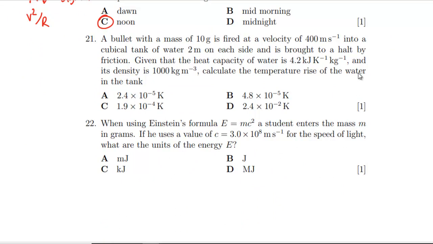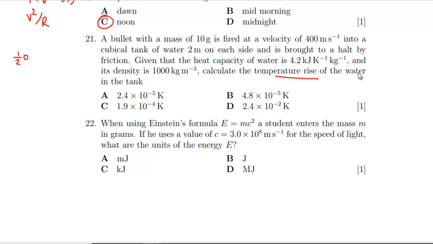21, I think we just got 2 to go. So question 21, a bullet with a mass of 10 grams fired at that velocity into a cubical tank of water, 2 meters on each side, brought to halt by friction. Right, so we're putting some energy in, and we calculate the temperature rise of the water. So the energy in is going to be our half mv squared.